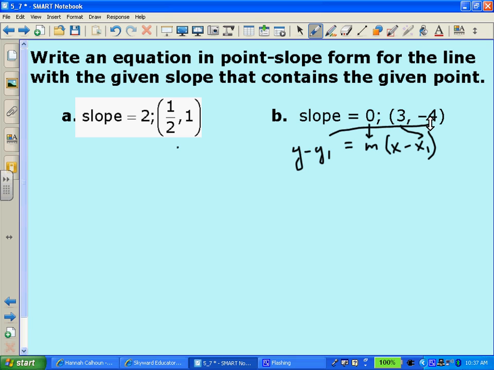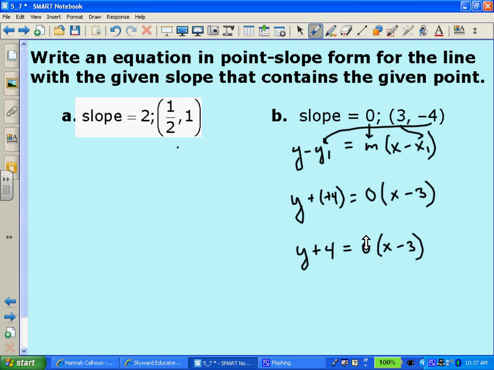I'm going to take 3, put it for x1, and I'm going to take -4, and put it for y1. So I get y minus -4 equals 0 times x minus 3. So then minus and negative is a plus, so I'd have y plus 4 equals 0 times x minus 3.